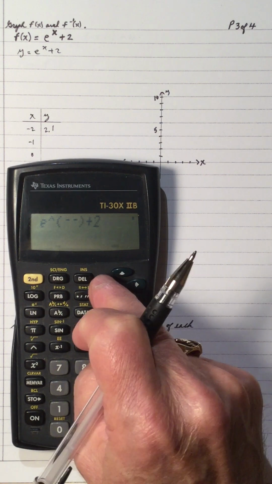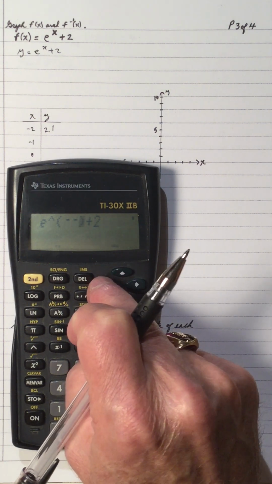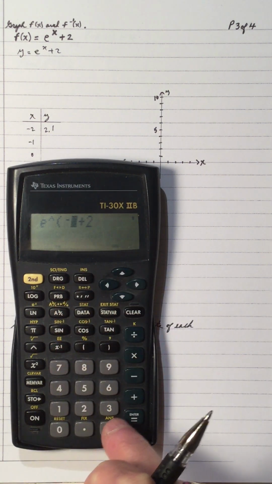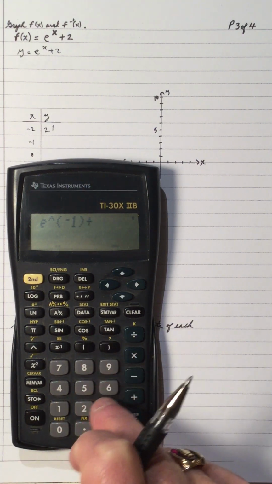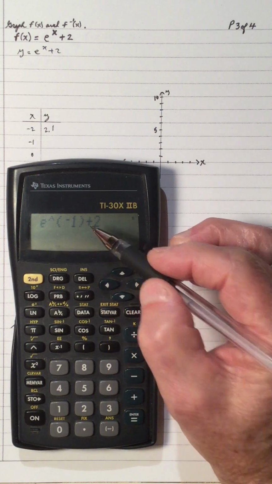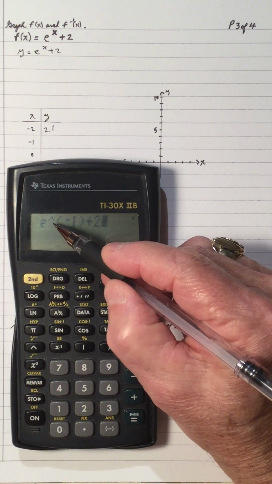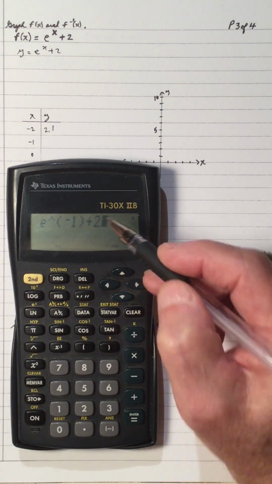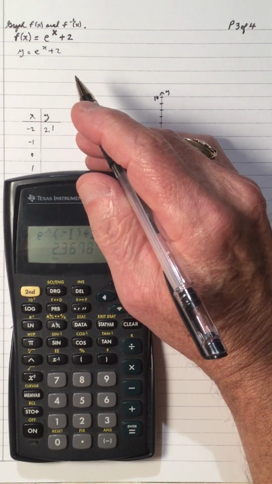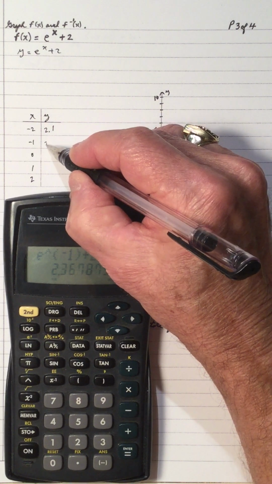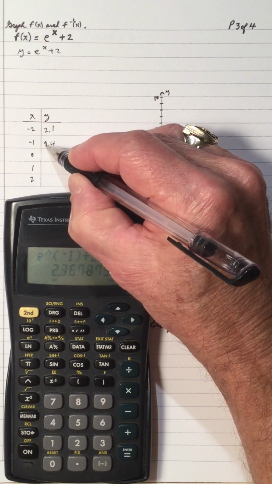I put a negative in there. Let's delete that and put in -1 in brackets, plus 2. Got to be careful. So e to the -1, plus 2. Notice the exponential is in a bracket, we're adding on 2, and we get 2.36. Let's say approximately 2.4.